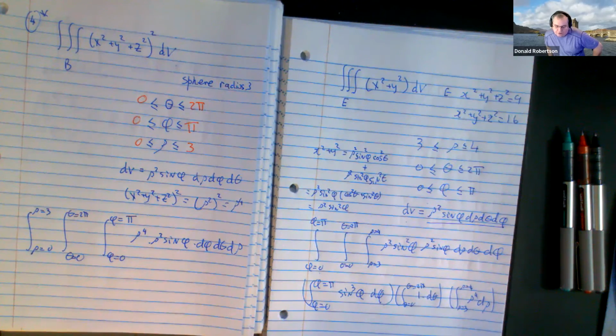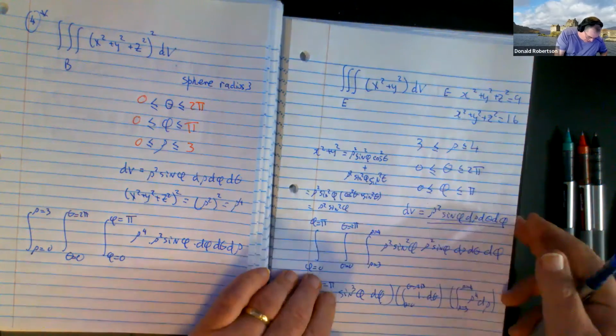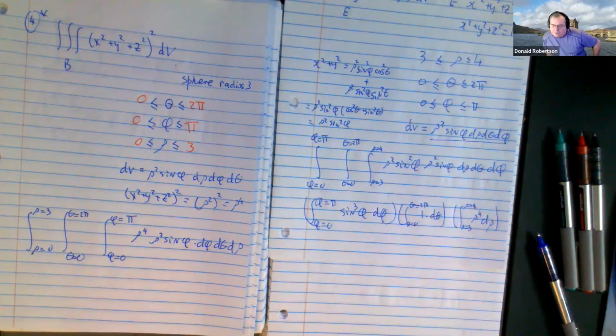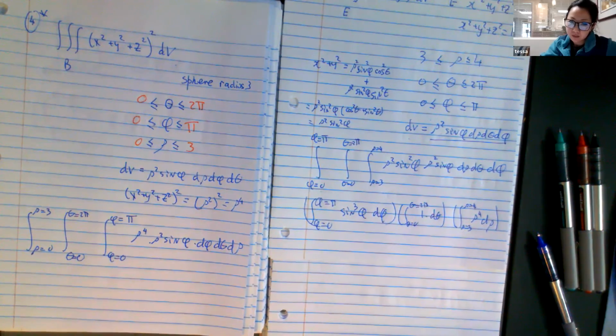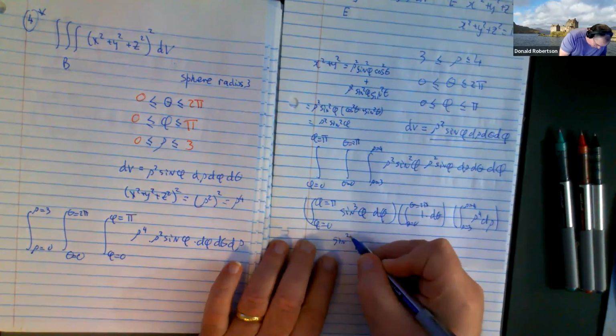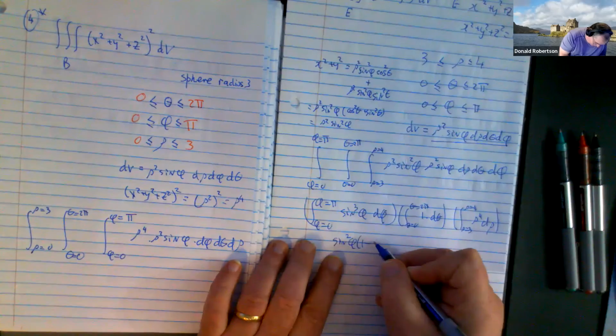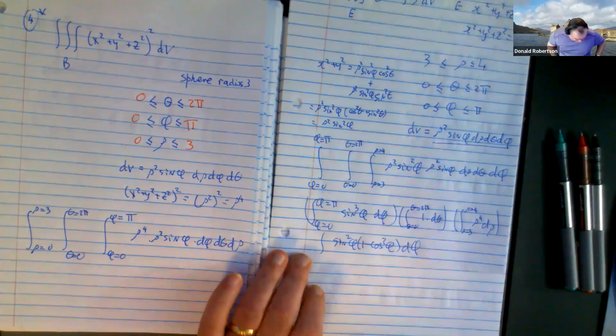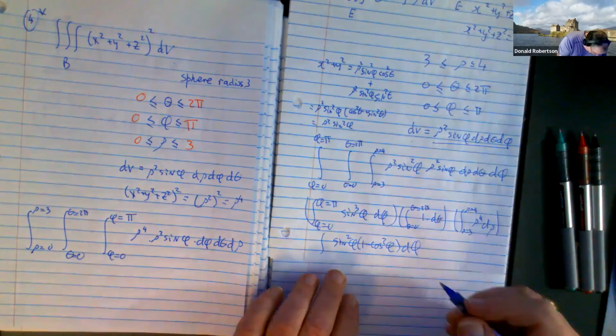Any suggestions for how you integrate sine cubed? Would you split it into sine times sine squared? Well, oh, yeah. If you mean by that 1 minus cos squared, I agree. There's only one sine there, right?